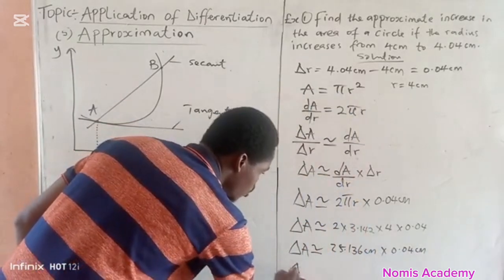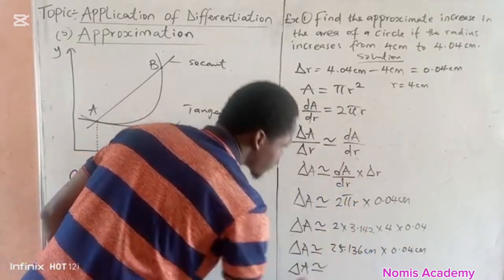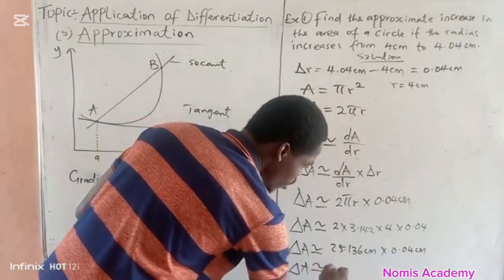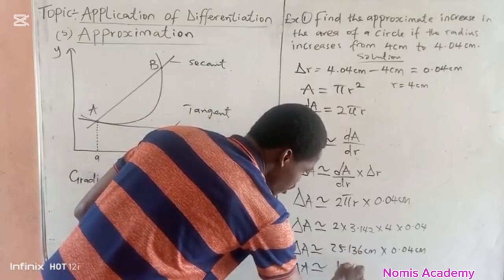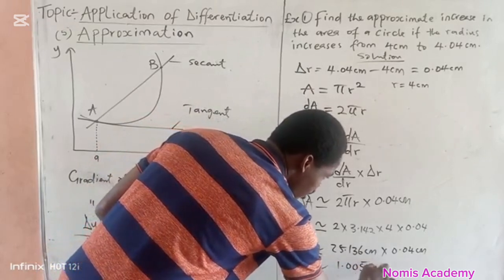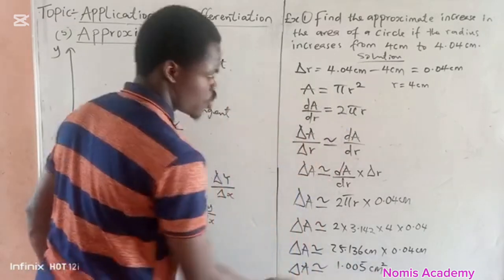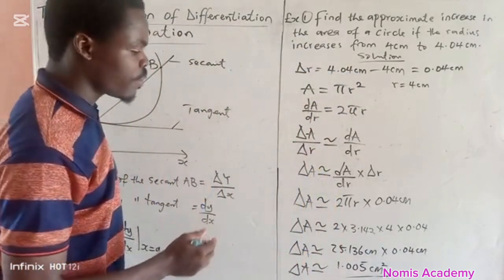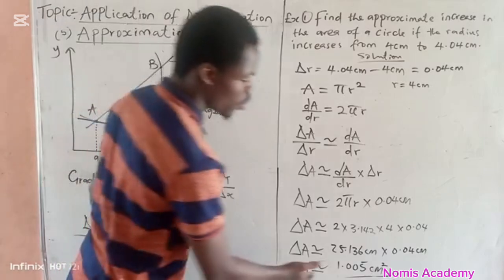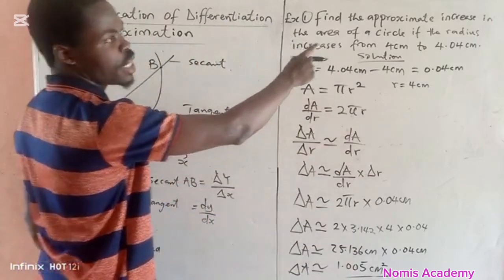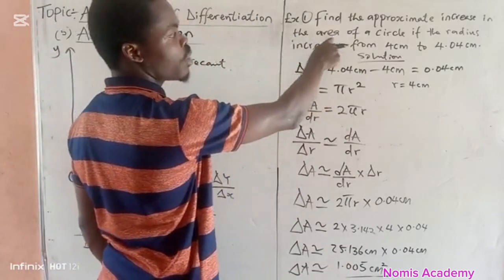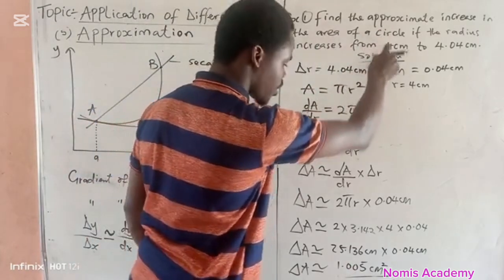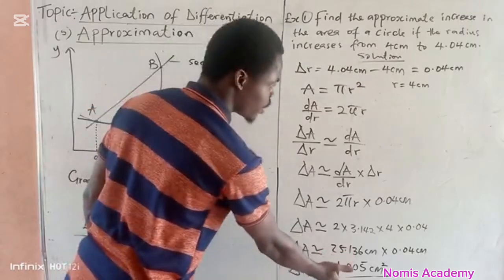Now the final solution: when you multiply the two, you have 1.005 centimeter squared, which is the approximate increase of the area of the circle. So this is the solution.